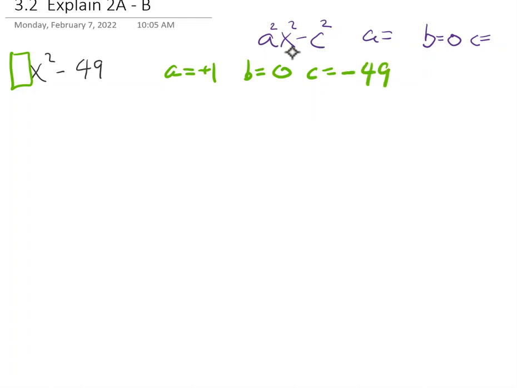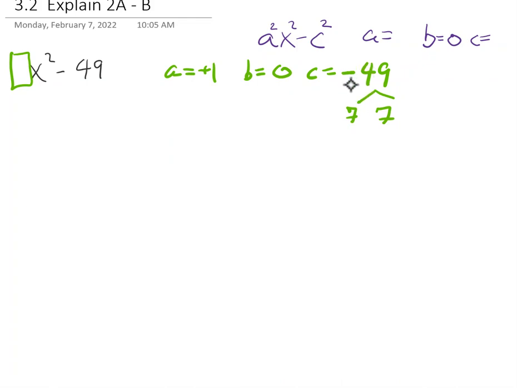Well, according to this rule, if I could find something that I square, and by the way, 1 positive times 1 positive is 1 squared, which is equal to 1. And I could find something that I could square, in this case, 7 and 7, to get 49.